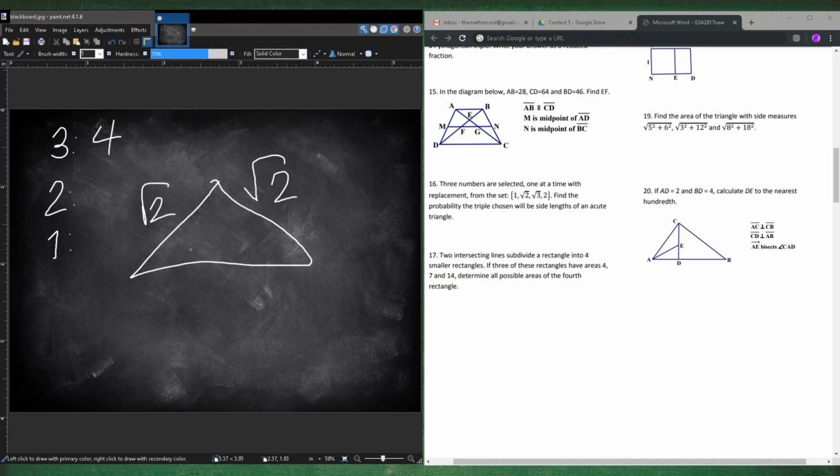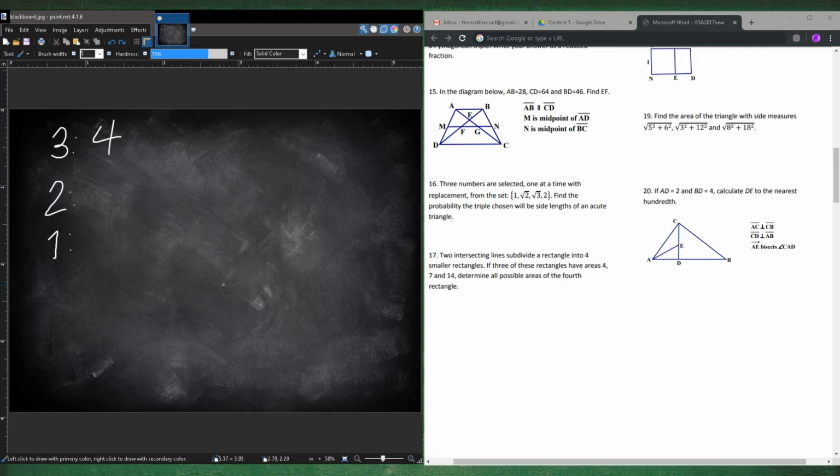Now we have square root 2, square root 2, and square root 3 over 2. Let's just see if that works as a right triangle. 2 squared plus 2 squared is 4, and 4 is obviously greater than square root 3 squared, which is just 3. So it's going to be acute. So that works. So 2 of them already work.